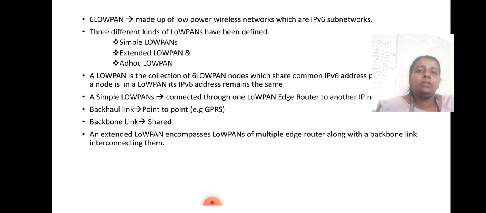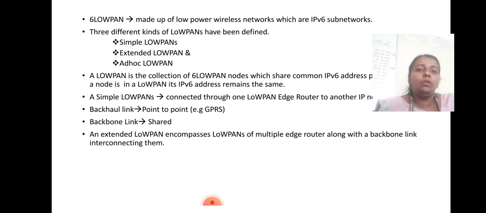A LoWPAN is a collection of nodes sharing a common IPv6 address prefix, so within a LoWPAN the IPv6 address prefix will be the same.